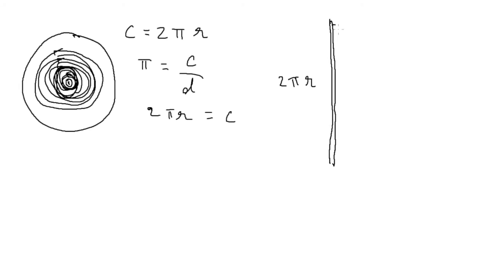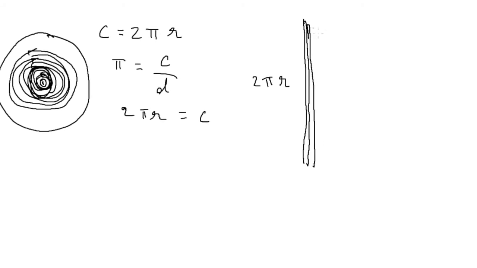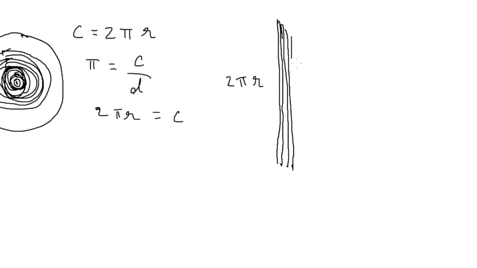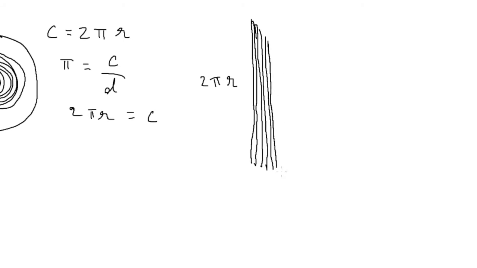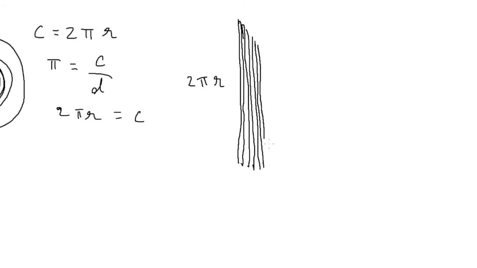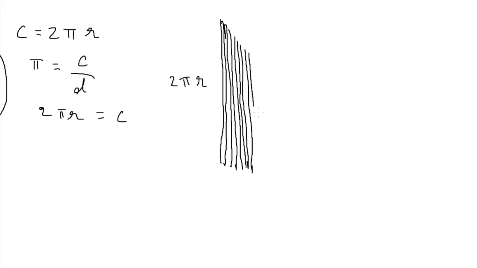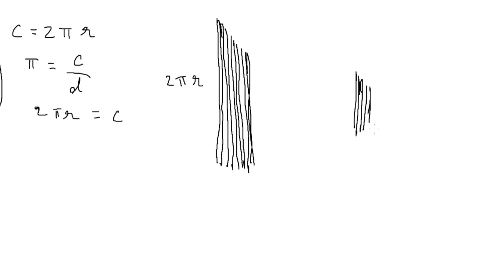And the one next to that is going to be slightly shorter. And as you go closer and closer to the center and open up the lines, you get shorter and shorter and shorter lines, infinitely many of them. And if you continue to draw these lines, what you'll get is a shape that you will recognize.